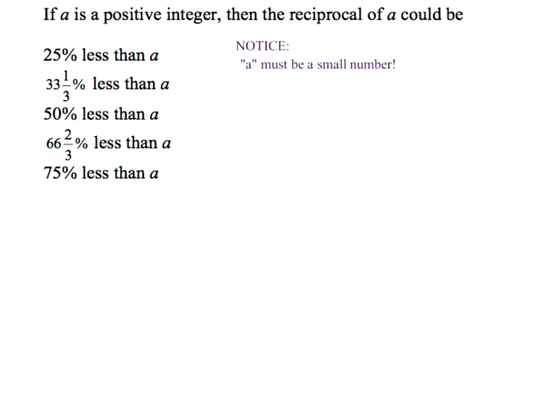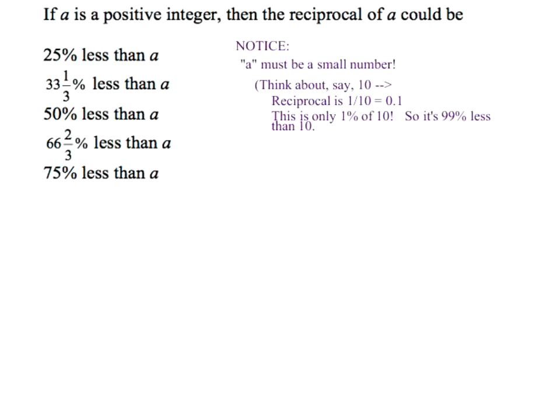Think about, say, 10. The reciprocal is 1/10, which is 0.1. This is 99% less than 10. It's only 1% of 10.